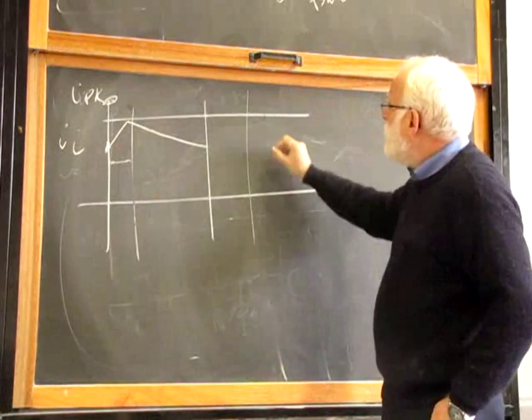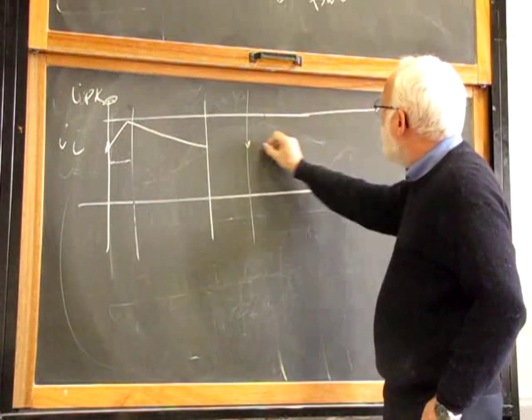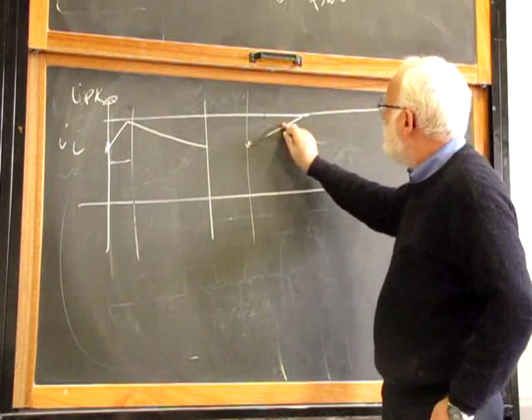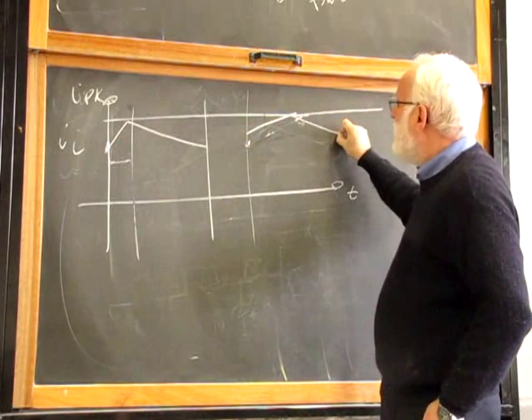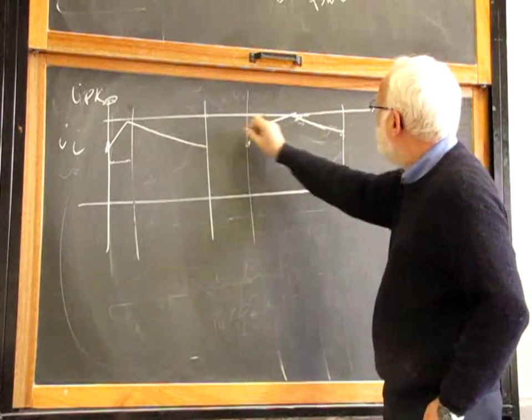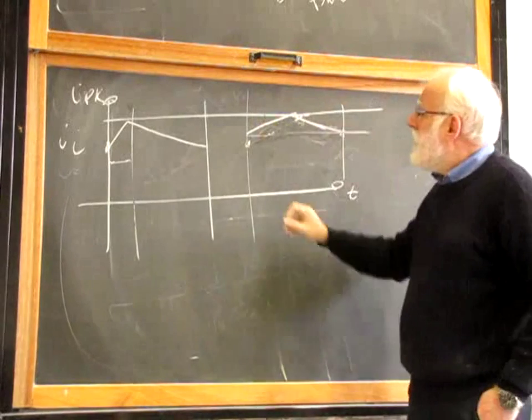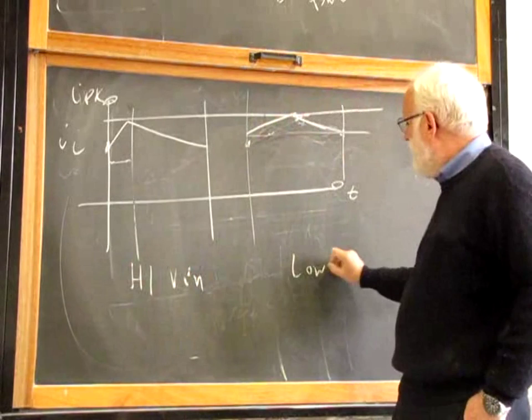If your input voltage is low, you will have something like this. Less ripple, and it will come down. Like this. This is high Vin, and this is low Vin.